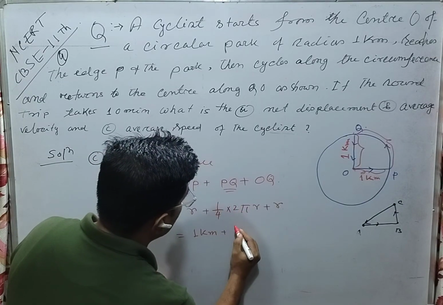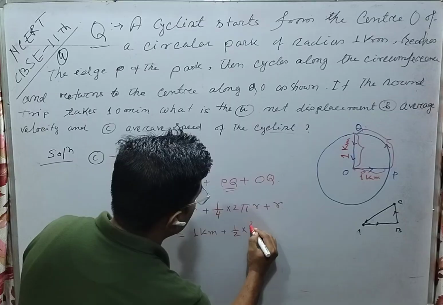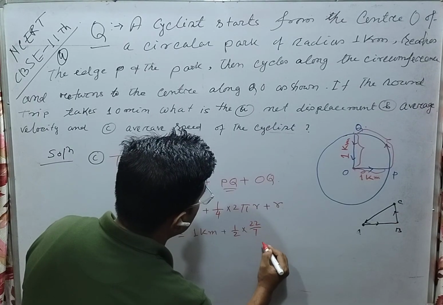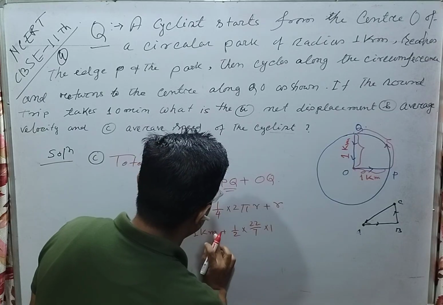Plus 2/4 into π, where π is 22/7, into the radius of the circular path, 1 kilometer.